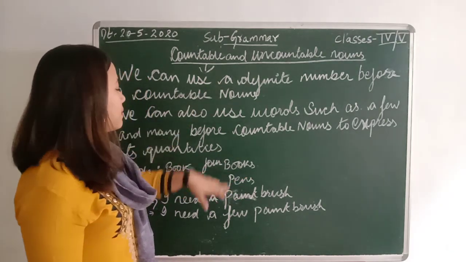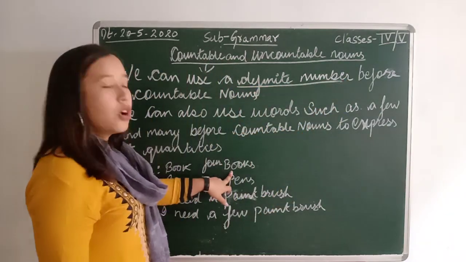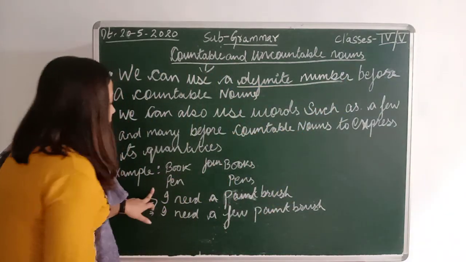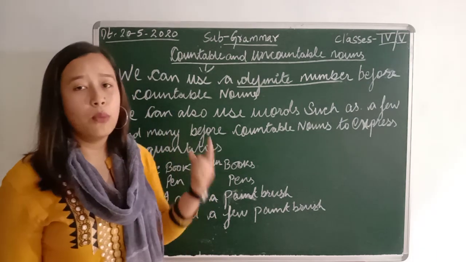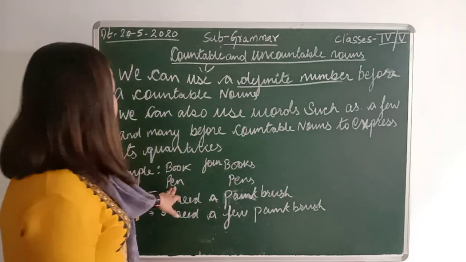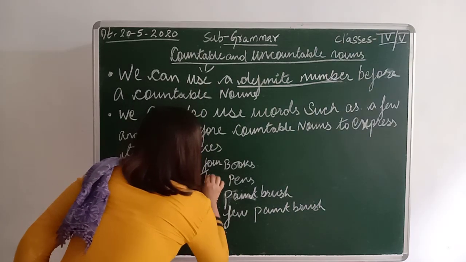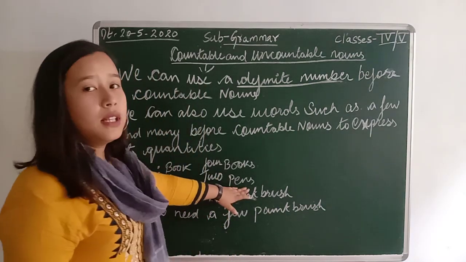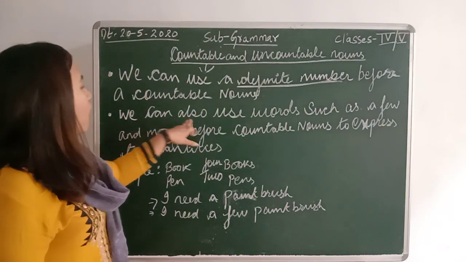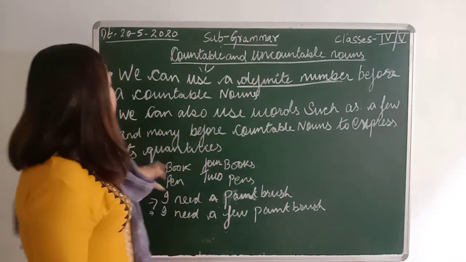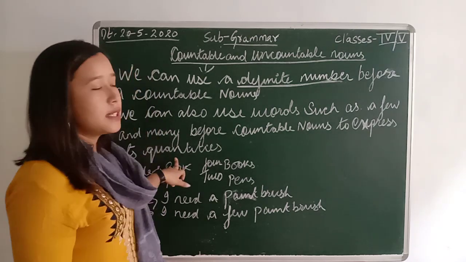So it is a countable noun, and we can use a definite number before a countable noun. And next example, pen. So we can also count pens. 1 pen, 2, 3, 4, like this. So we have to write a definite number before countable nouns.